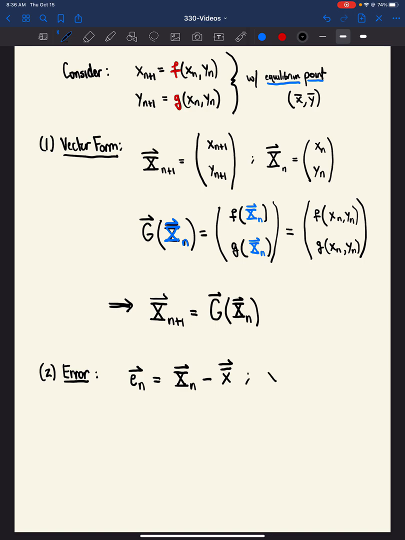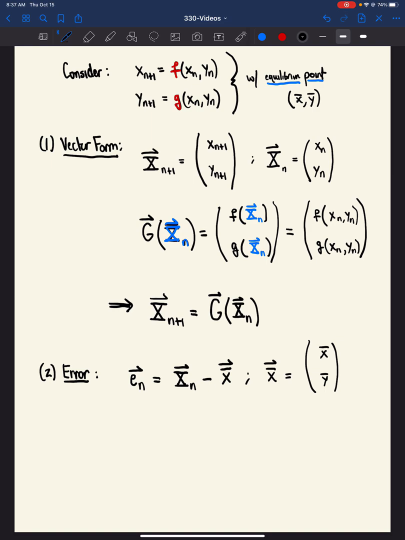So just so we're on the same page, x bar equilibrium point vector is actually just equal to x bar and y bar in a vector format. So many bars, so many vector signs.